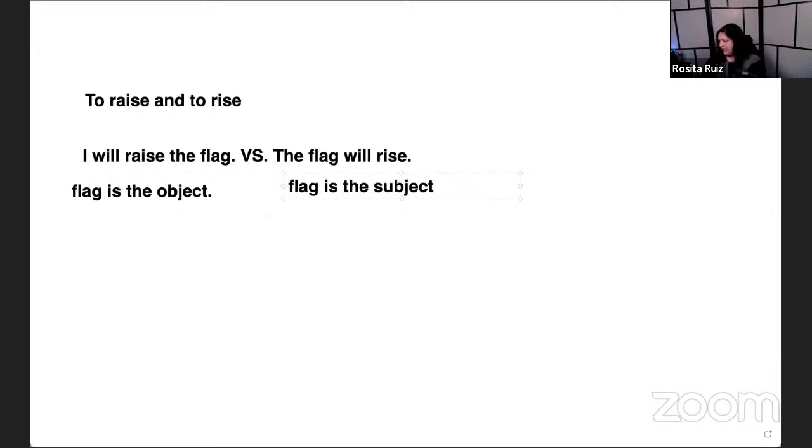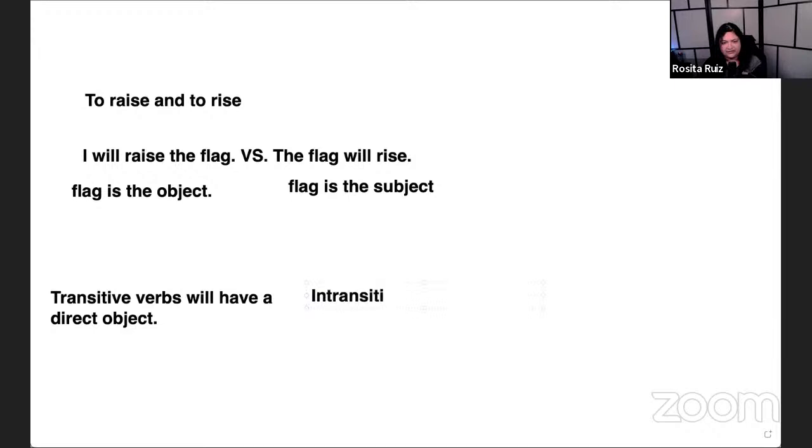So whenever we are dealing with transitive verbs, transitive verbs will have a direct object, whereas the intransitive, the subject is being impacted.